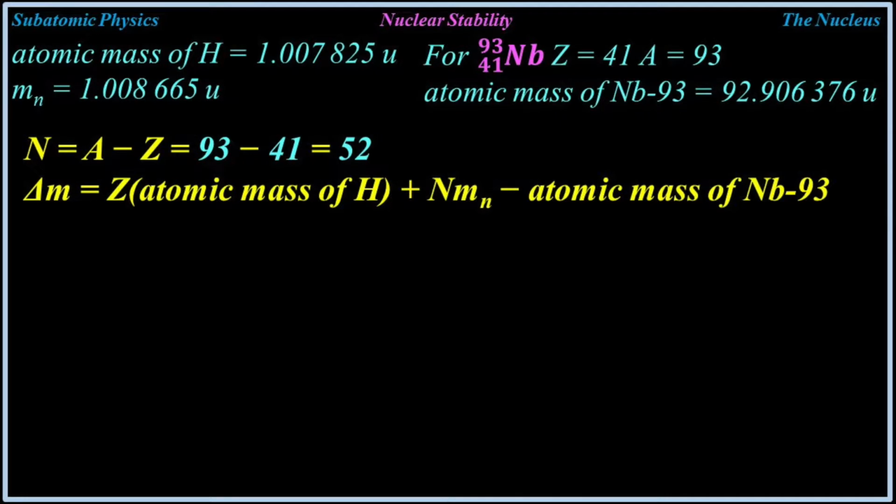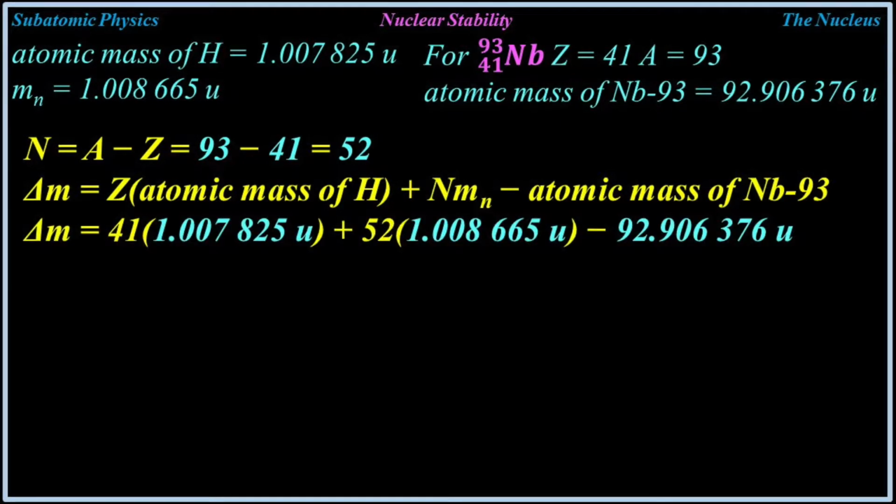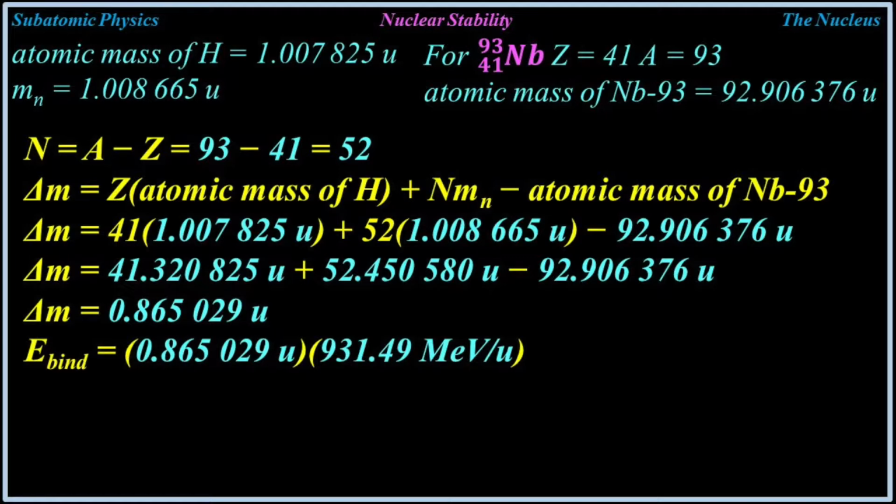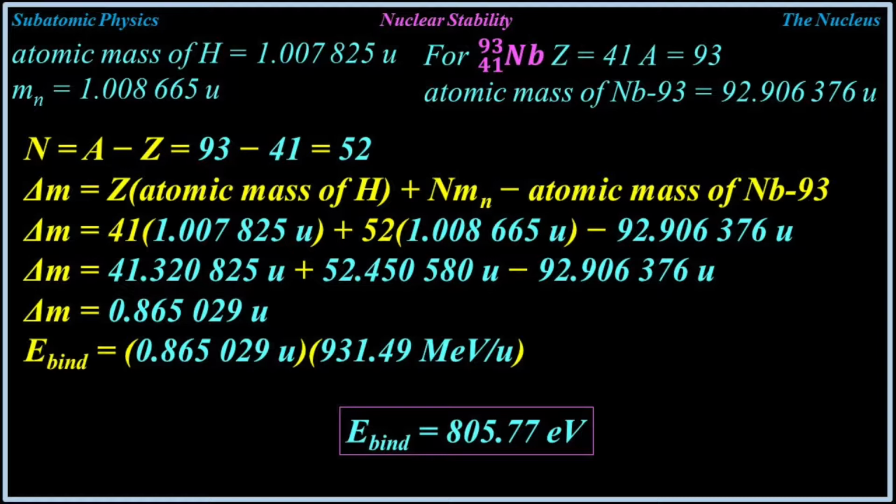The N, number of neutrons, is 52. Delta M is going to be 0.865029 U, and the E bind is going to be 805.77 mega electron volts.